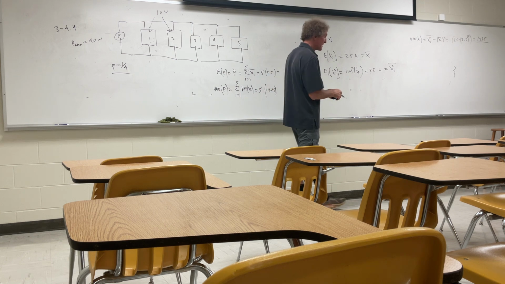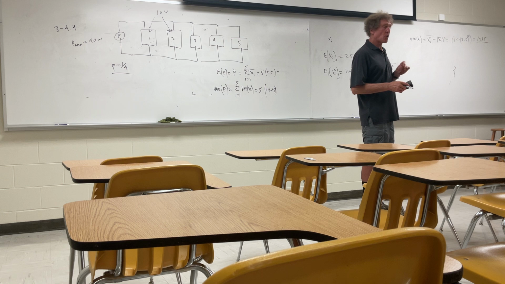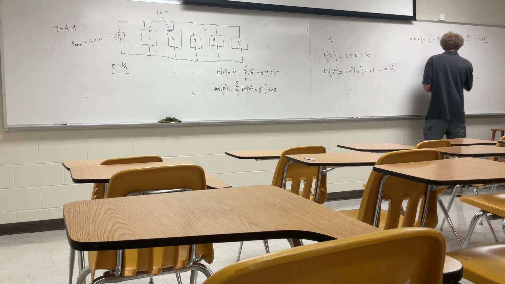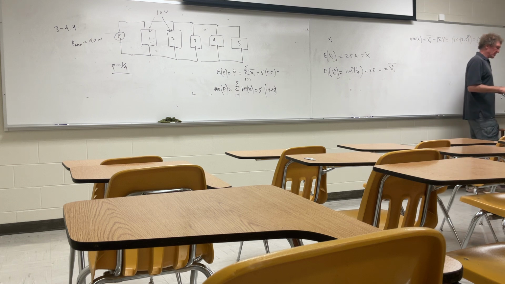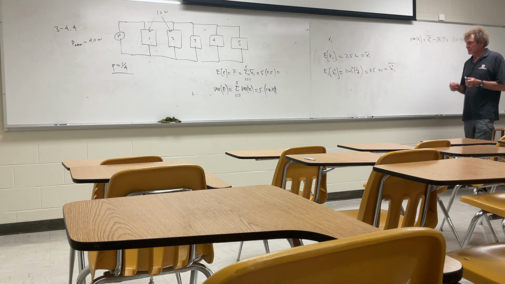Now I'm going to say one other thing about this, because it's hard to see this part. Let me get to the last part of this problem, then I'll show you one thing here that will help you, I think. It says, if the power supply has a maximum value of 40 watts that it can supply, what is the probability it will overload? I want you to all think about that for a second.